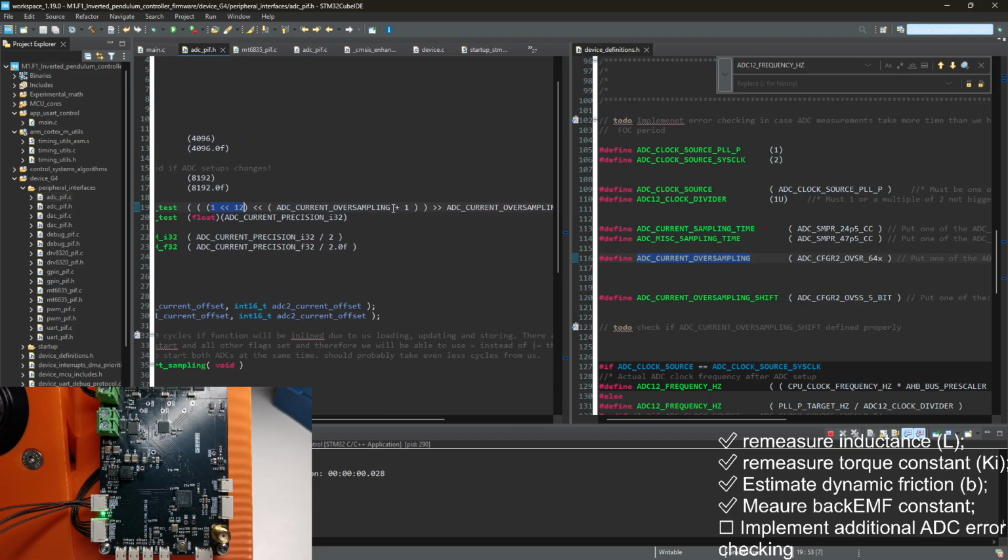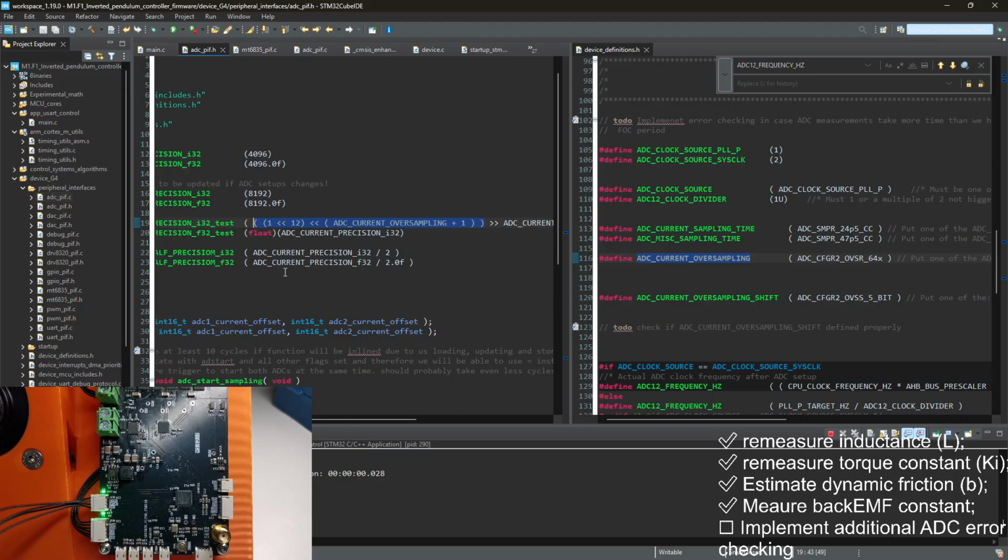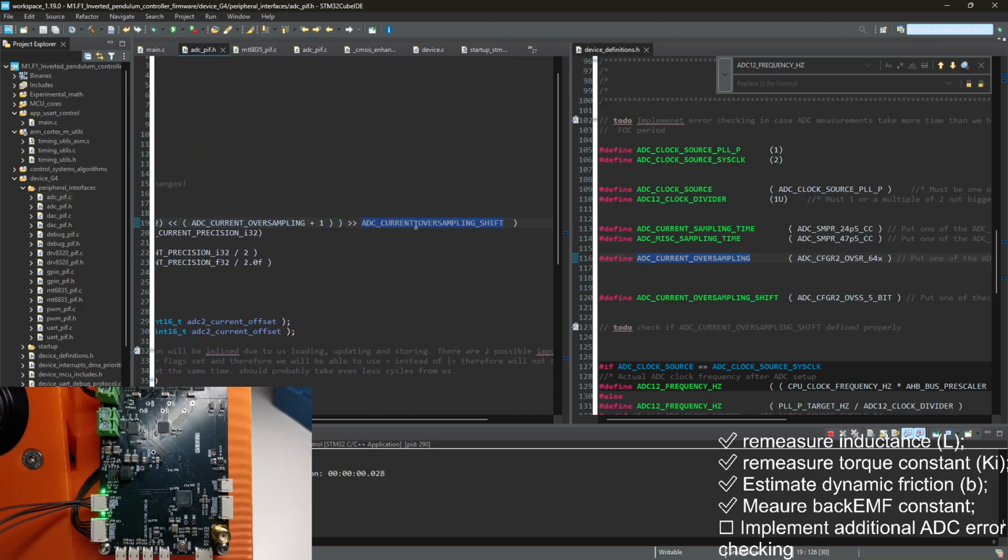And this is that part. So this is the resolution of our encoder after oversampling. But the second part of oversampling is the reduction of bits, because you would like to clear out the noise. The reduction of bits is defined here, and when we divide by something, we do a right shift. So let's say we were oversampling 64 times, as here.